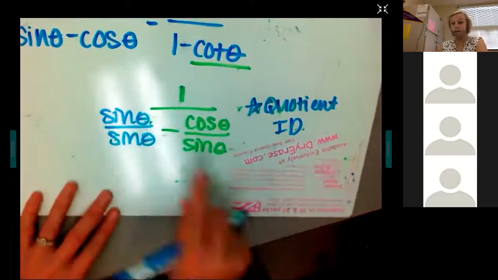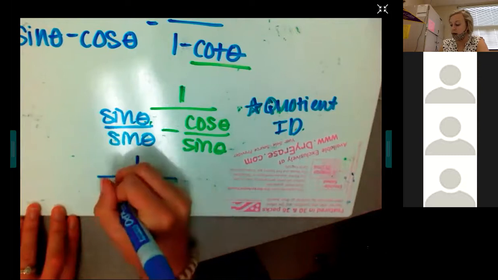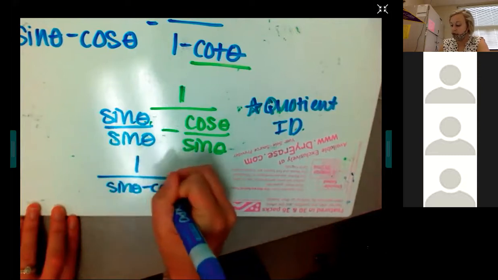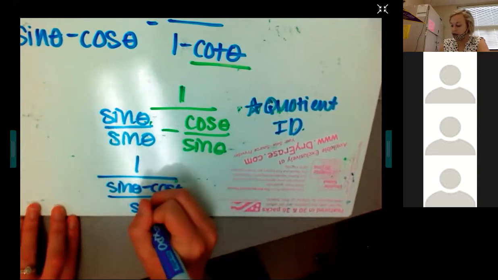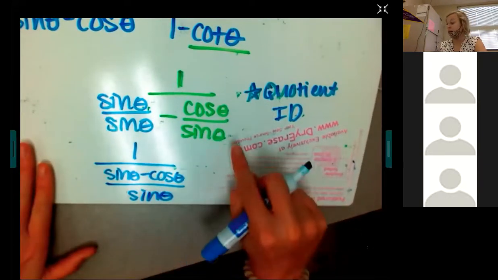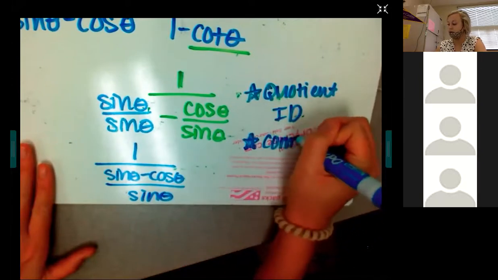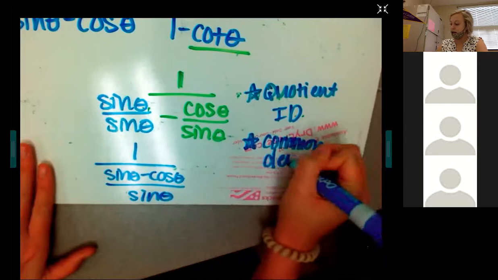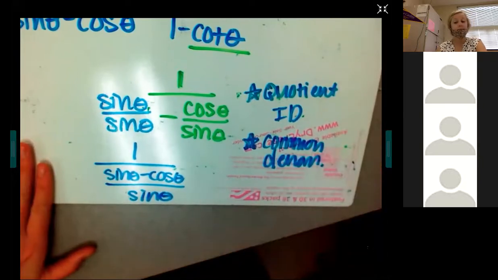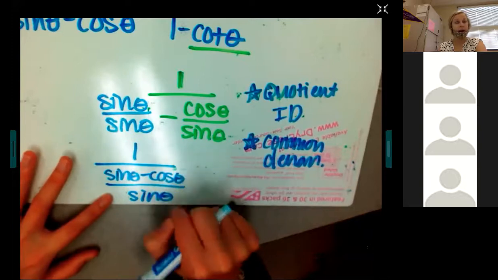So now if I subtract those fractions, does everybody agree I'm going to get 1 over sine minus cosine all over sine? That's fine, perfect. Right here, you could say common denominator. And then right here, how do I divide 1 by a fraction? What do I do?